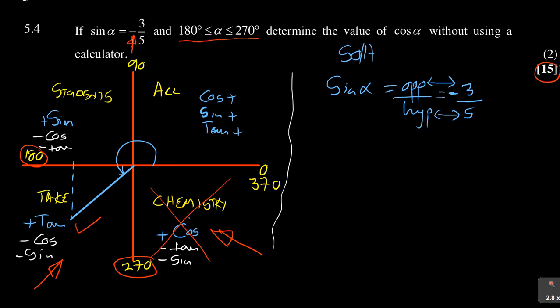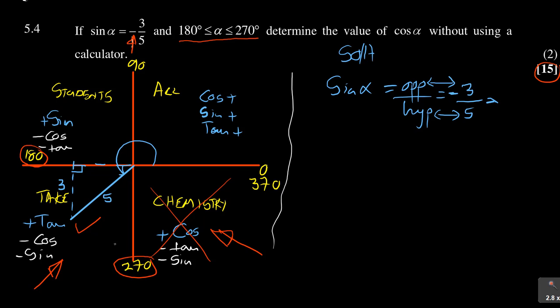Now if you look at your triangle like this, this becomes 90 degrees, this becomes my opposite, which is 3, and my hypotenuse there is 5. Again, you need to get hold of my Mathematics N2 so that you can get some ideas there.